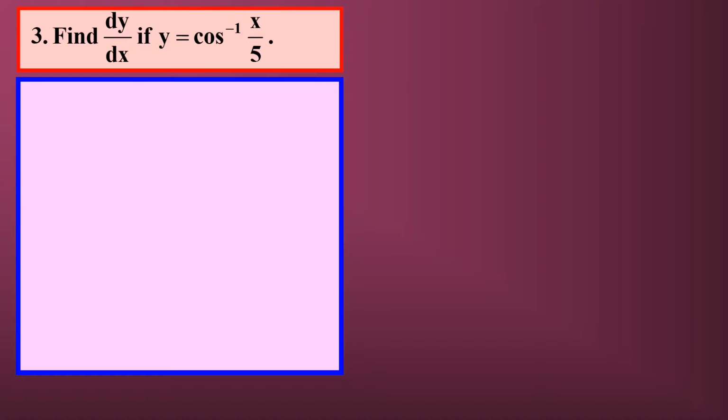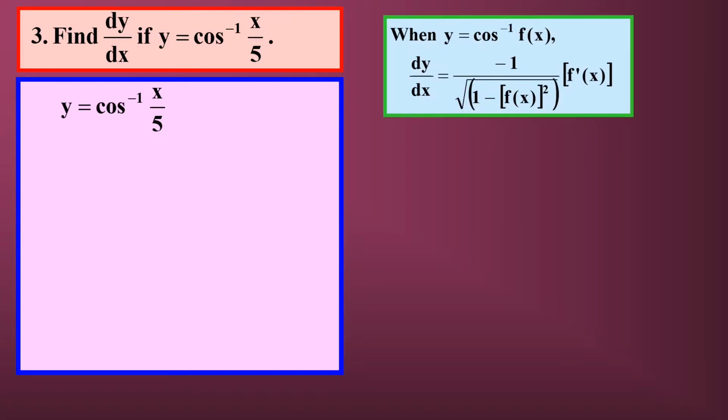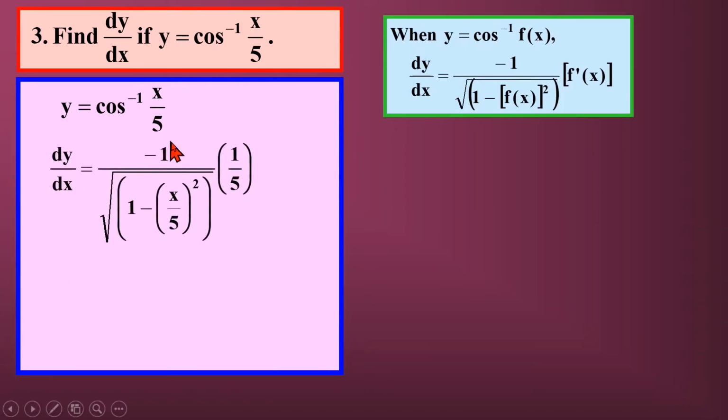Next, let's look at this question. We have y equals to cos inverse x over 5. We are going to need this formula. Let's fill them in. So we have negative 1 over square root 1 minus, the function is x over 5.